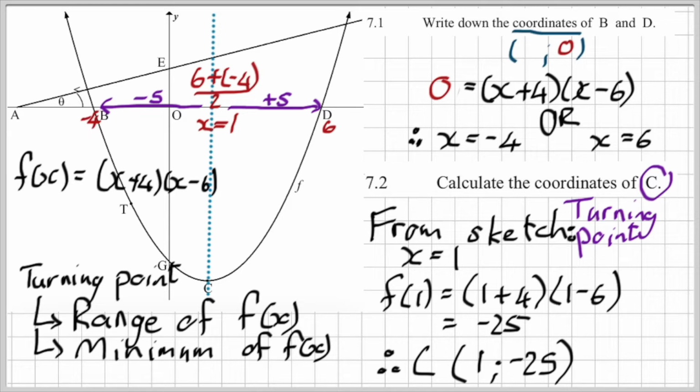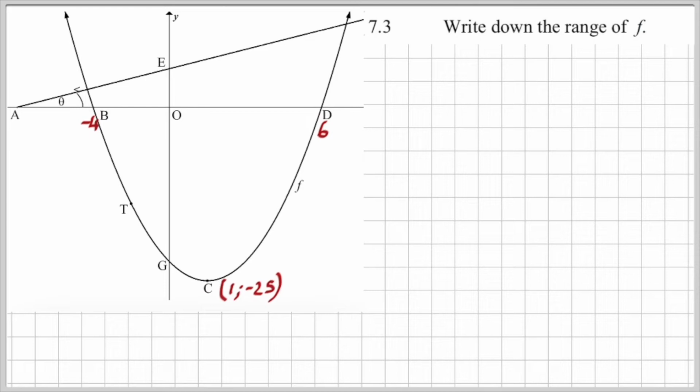That's exactly the same question, just with an added step or two. Okay? So here's the important thing. Whether they ask you range or minimum with a parabola, look out for your turning points. Now let's go to the sketch where I have written in everything I've got so far.